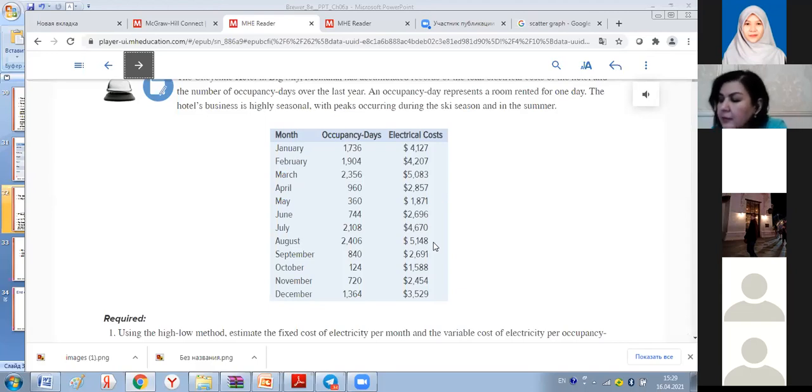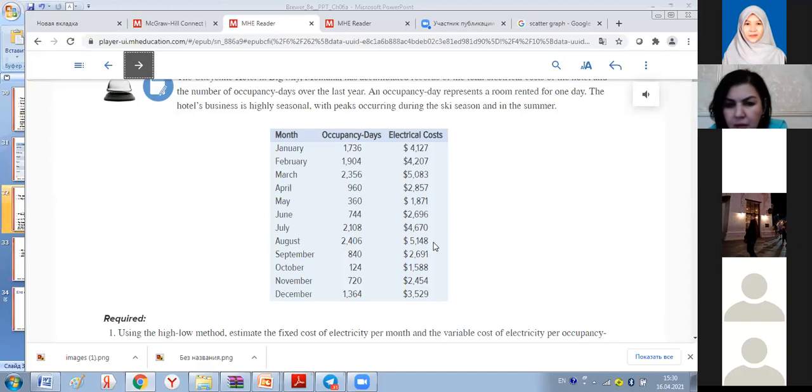Please find the difference, or the change in cost, first. What is the change in cost? Is it 4,560?